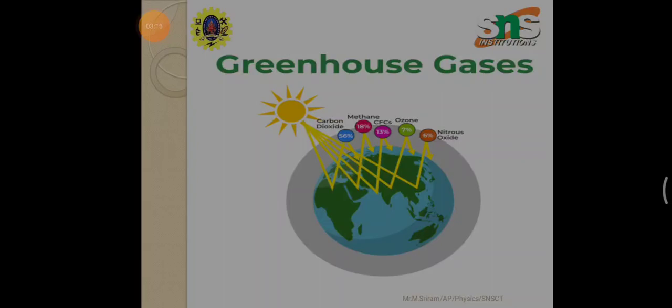Fluorocarbons, CFCs, come from air conditioners, refrigerators, plastic foams, and hydrochlorofluorocarbons, HFCs, also from air conditioners, refrigerators, plastic foams, and carbon tetrachloride, a cleaning solvent. So these are the greenhouse gases.